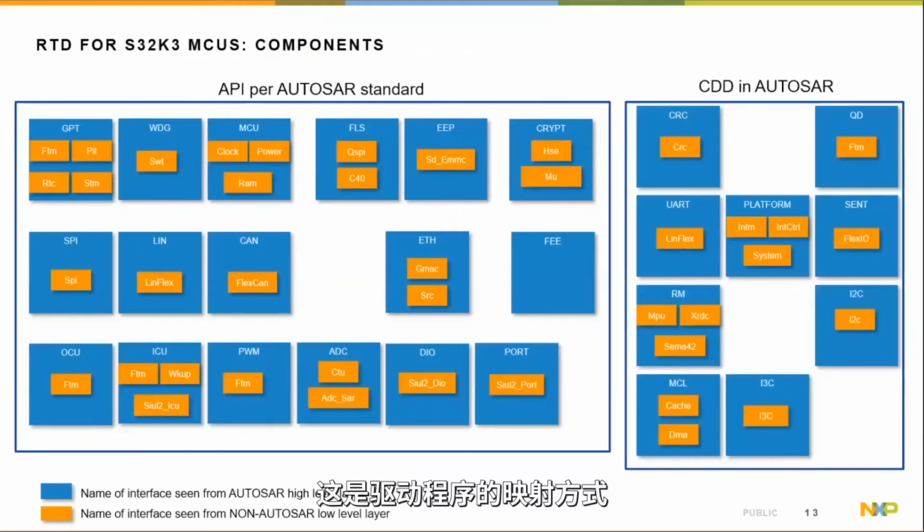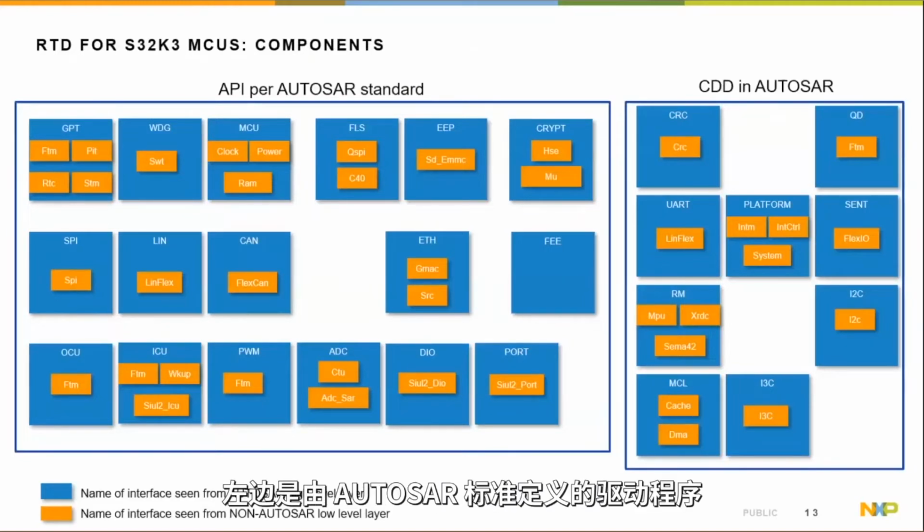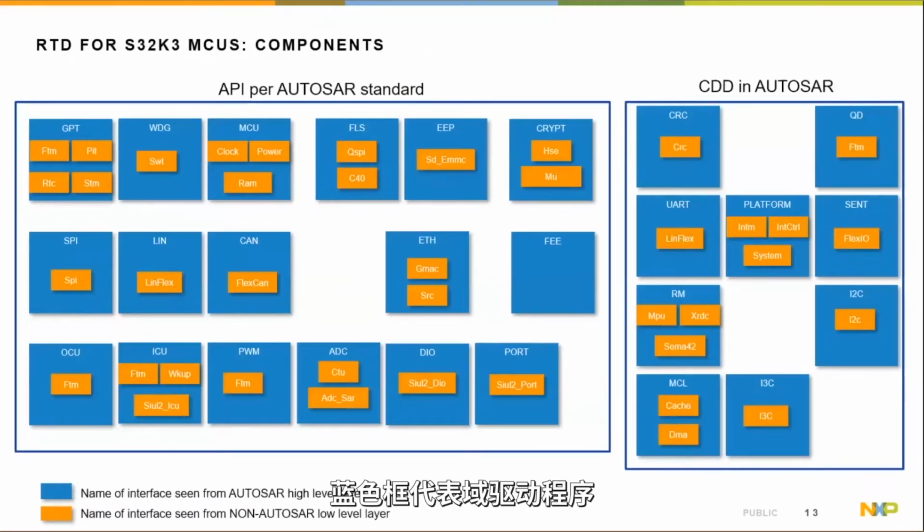Okay, and this is how the drivers are mapped. The mapping of the drivers and the interfaces. On the left side are the drivers that are defined by the AUTOSAR standard, and the blue boxes indicate the full driver, the driver names as seen by the high-level interface. For example, GPT at the top left there, the general purpose timer.